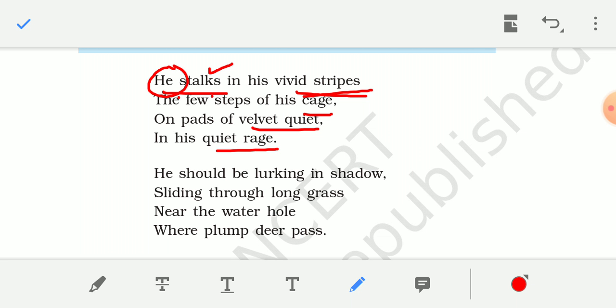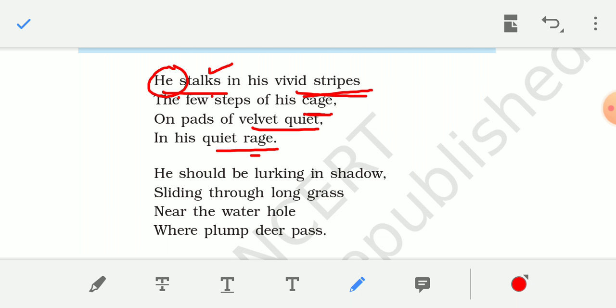The few steps of his cage on pads of velvet quiet in his quiet rage. So here we see that there are stripes on its body which are quite prominent. Its paws are soft like velvet. No noise is produced when it walks on its pads of velvet. The tiger is silent but in rage. We can see here rage, rage meaning anger.